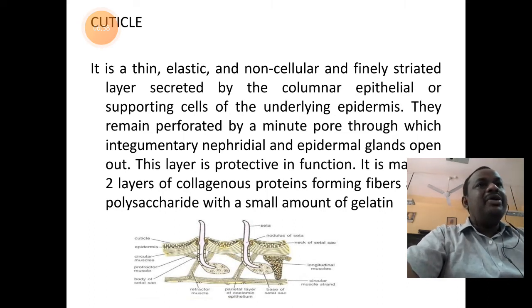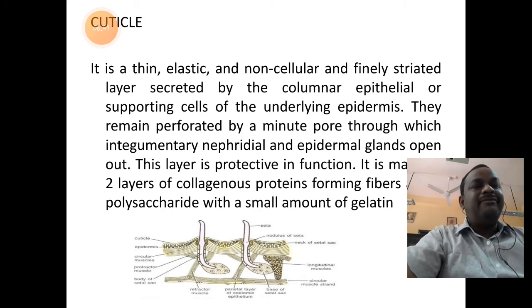It has a number of perforations, meaning minute openings, for the nephridia, the excretory structures, to open out, which we otherwise call nephridiopores.